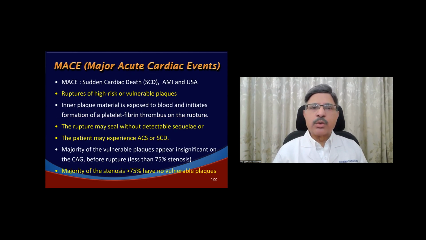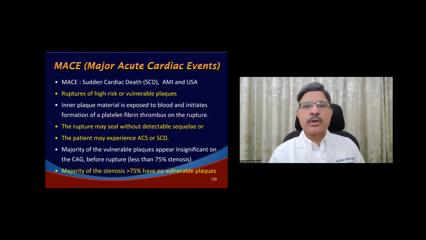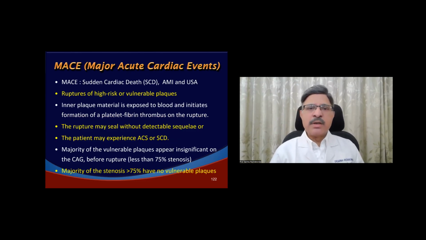Now, major acute cardiac events, MACE: sudden cardiac death, SCD, acute myocardial infarction, unstable angina. Rupture of the high-risk or vulnerable plaques exposes inner plaque material to the blood and triggers the formation of a platelet fibrin thrombus. The rupture may seal without detectable sequelae, or the patient may experience an acute syndrome or sudden cardiac death.